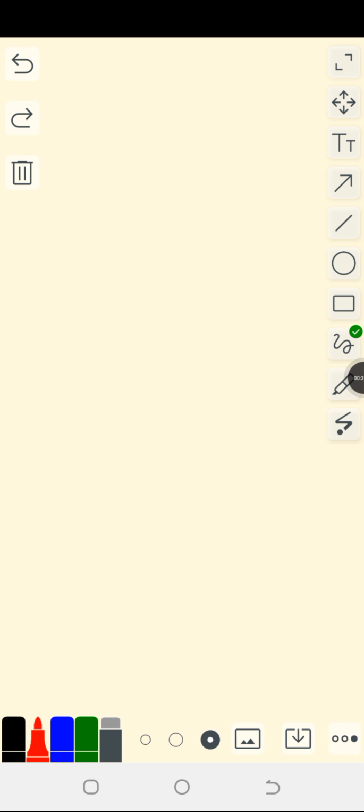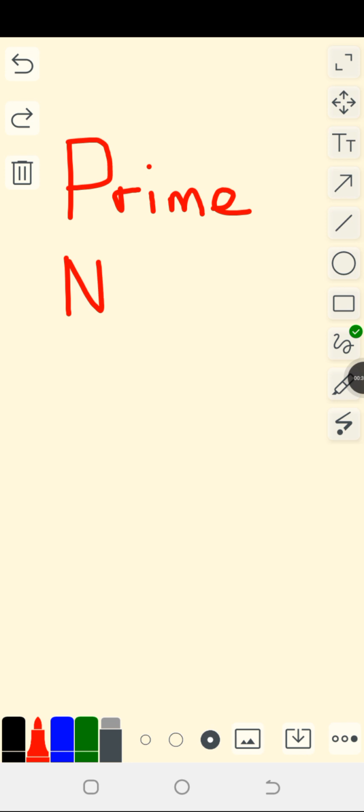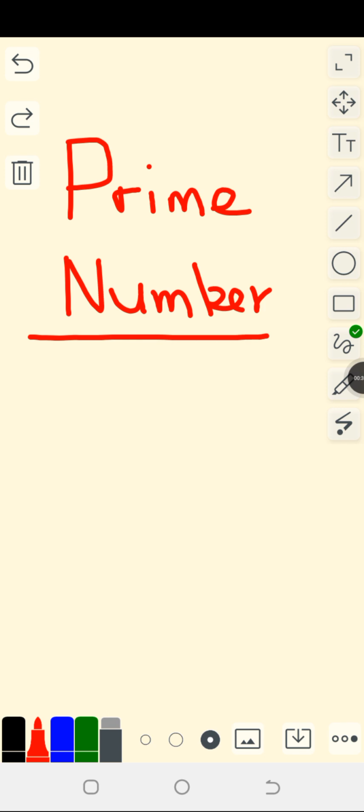Now, another form of numbers, which I'll be emphasizing in our next video, and which I'll be channeling into dealing with some things in math as we progress, is what we call prime numbers. We'll be applying prime numbers in obtaining what we call factors and multiples, and to obtain the HCF and LCM of numbers.